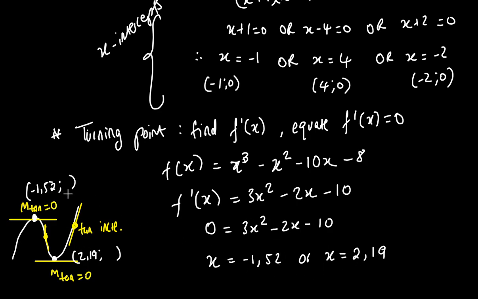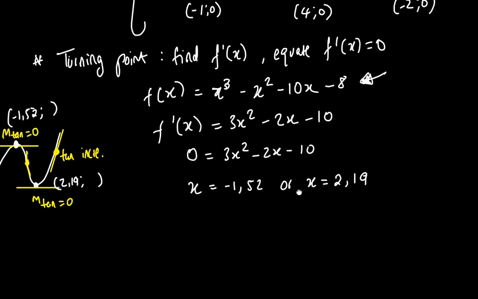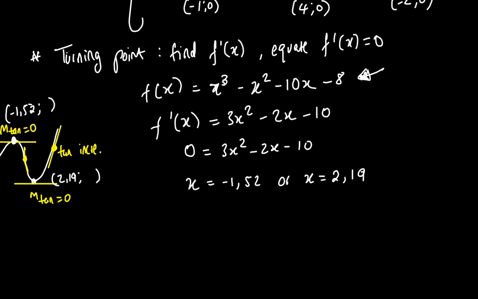So what do we need? We need to find the corresponding y values. How do we get the corresponding y values? Remember, if you know x values, you can get y values by substituting into the original equation. So you can then say, therefore, for negative 1.52, the y value would be what? Where you see x, you put negative 1.52.